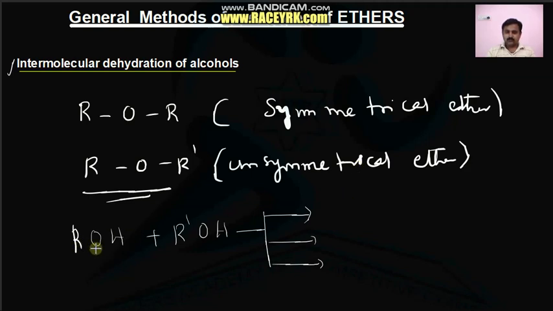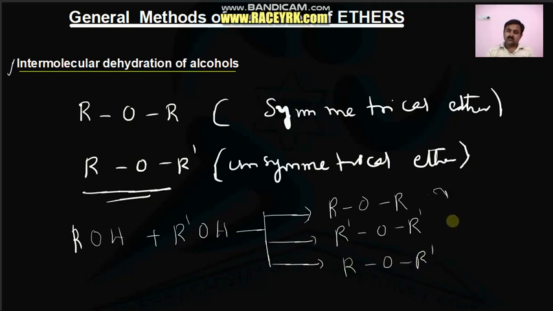If one alcohol is undergoing this type of dehydration, that will give one symmetrical ether, that is ROR. If the other molecule R dash OH is involved in this reaction, then it will give R dash OR dash. In the third case, R dash OR is also possible.